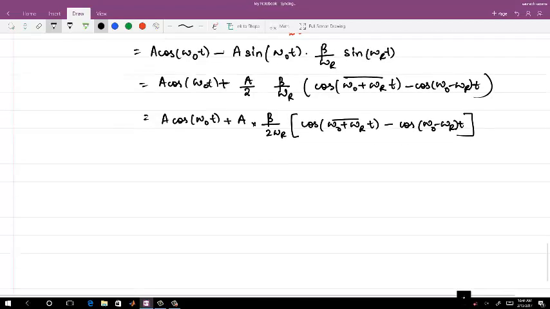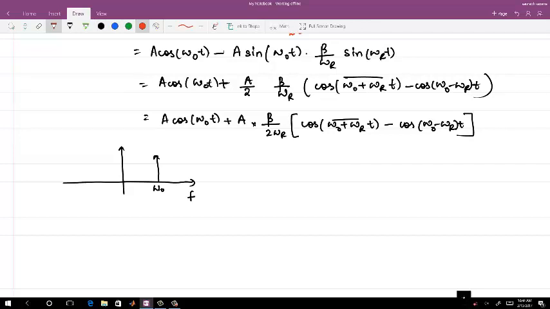So what do we have? Initially I had only one tone at omega naught. But because of this mismatch in the current, it results in two other tones.